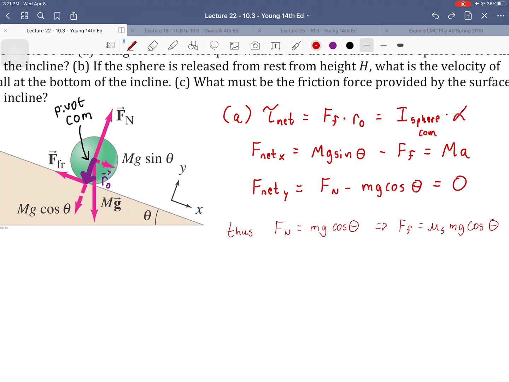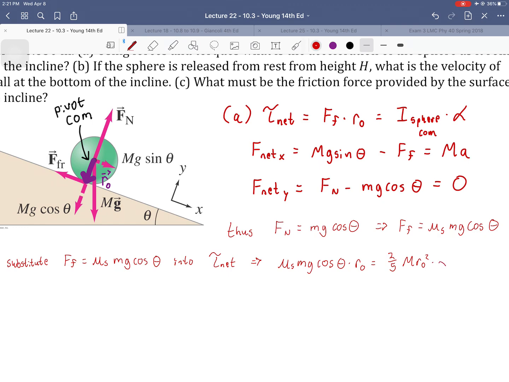So then we'll substitute that friction into our net torque. Substituting friction equals mu s mg cosine theta into tau net, that gives us mu s mg cosine theta r naught equals 2/5 m r naught squared times alpha.